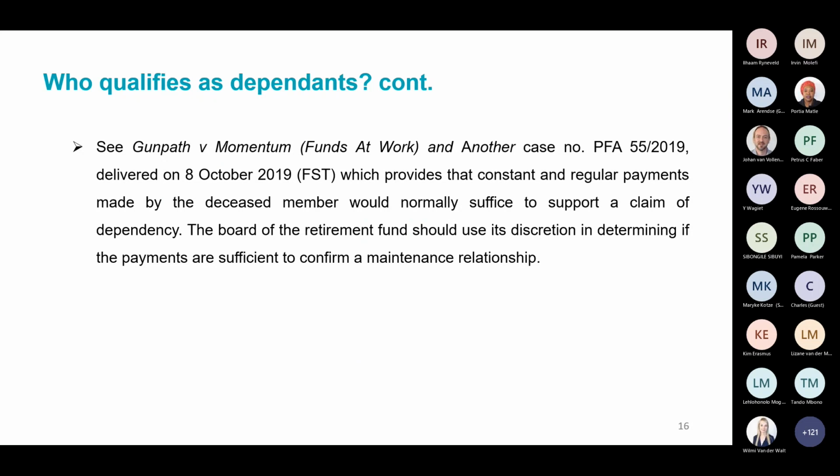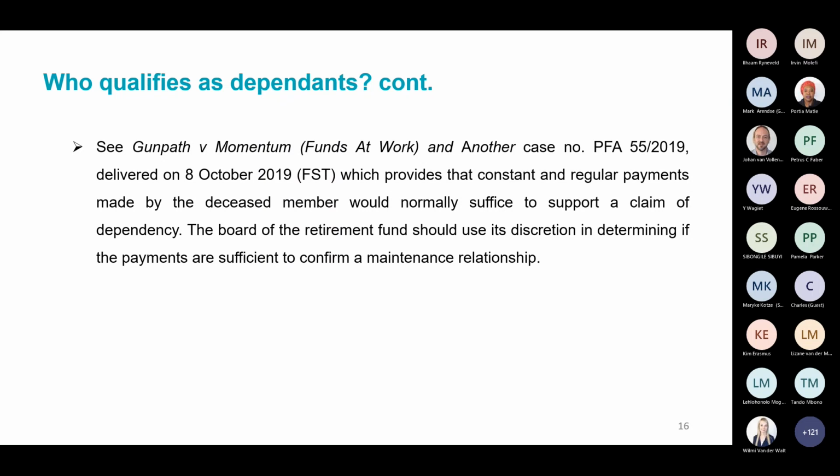So, of course, I think that what would happen in the normal course, funds would look at the maintenance court orders, but it would also look at, for example, your bank statements: are regular payments being made to certain persons, in what amounts?